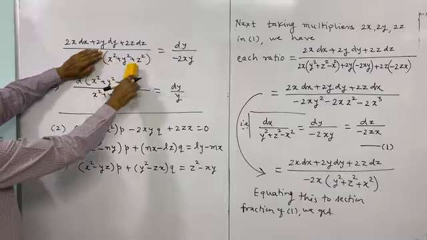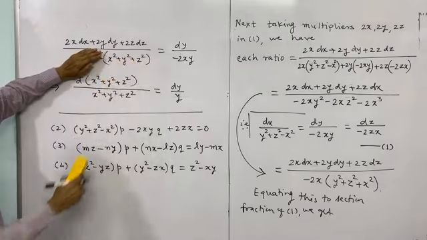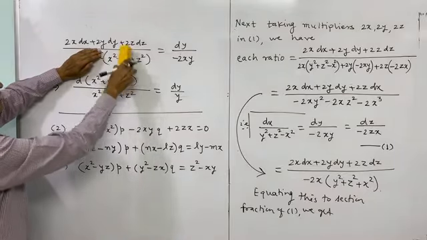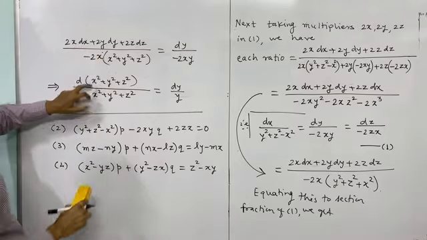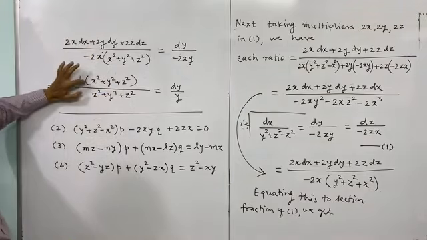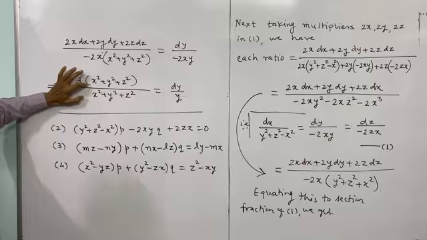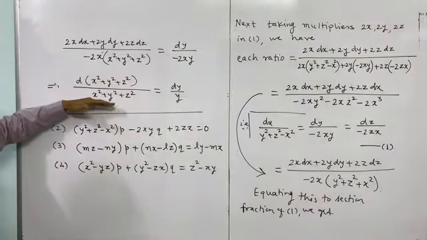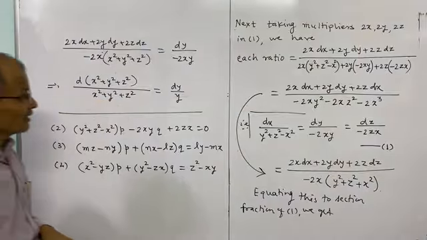See, the denominator is x square plus y square plus z square, and what is the differential? 2x dx plus 2y dy plus 2z dz, that is the differential of x square plus y square plus z square. So this is written in the differential form, total differential, and this is dy upon y. Now it is easily integrable. So integrating this, what do we get?